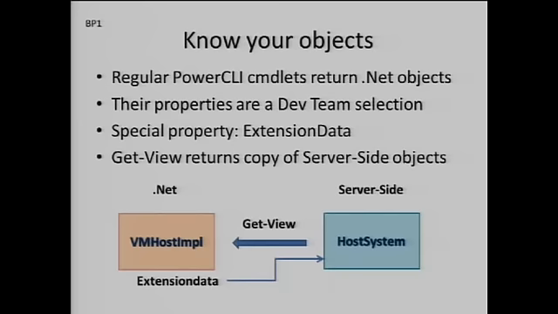One of those is the Get-View command. What that will actually do is go to the host and/or vCenter and get the full object, so all of the information from the server side. As of 4.1, we also introduced the ExtensionData property. So having said all of that about Get-View, now we've actually given you a little shortcut.